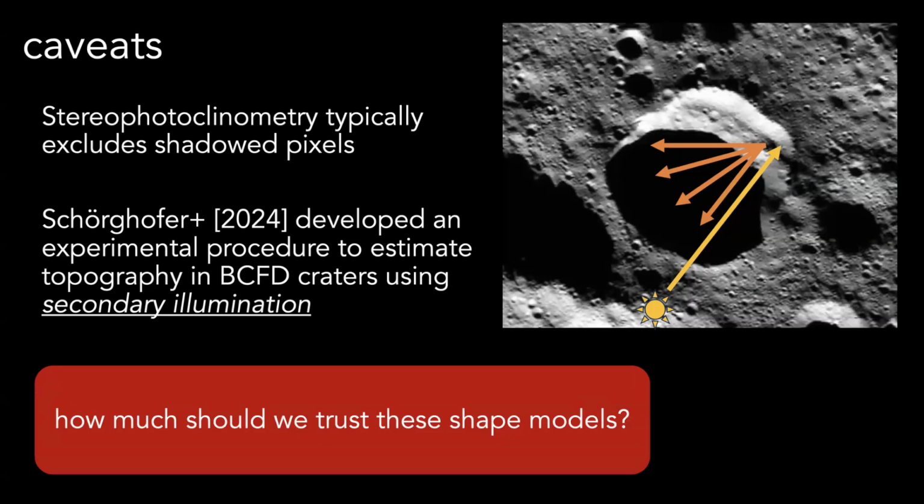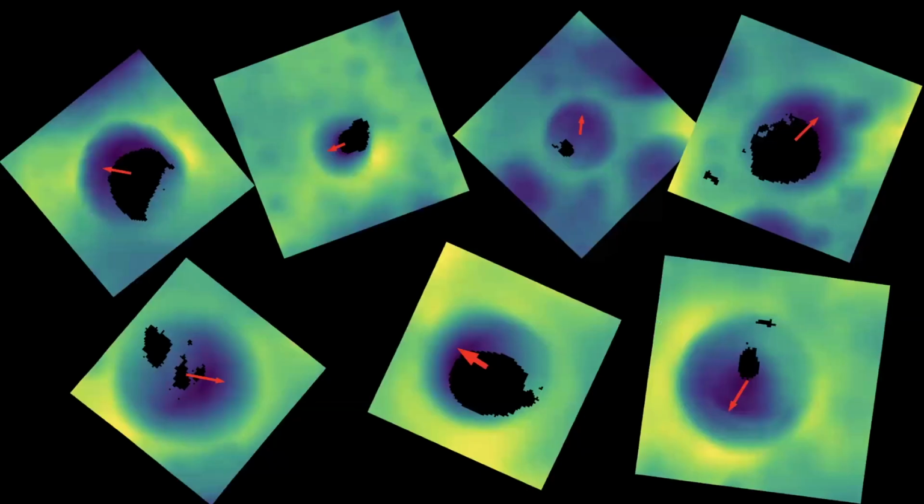But actually, if we just take the shape models and we mask out the shadowed pixels and ignore them, we can see that in many cases, the permanently shadowed portion is actually a small area on the crater floor. And in many cases, we can just visually see the asymmetry, even ignoring those shadowed pixels.